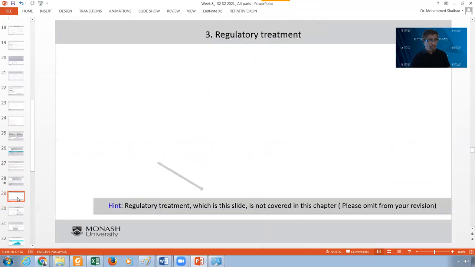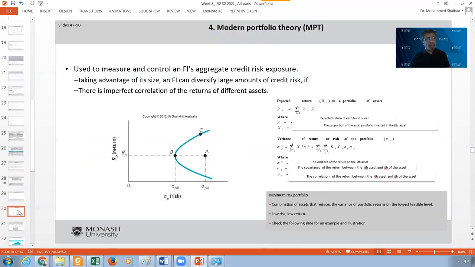Let me go down to the third one, which is the MPT, which is very important, the modern portfolio theory. And what does modern portfolio theory help us with? It helps us to keep updating our portfolio. And this actually comes from the investment class called portfolio theory.